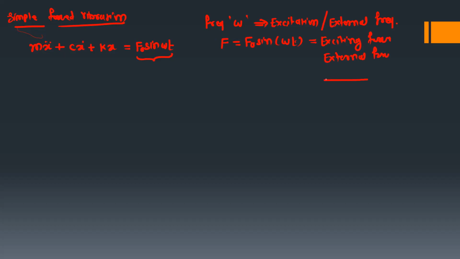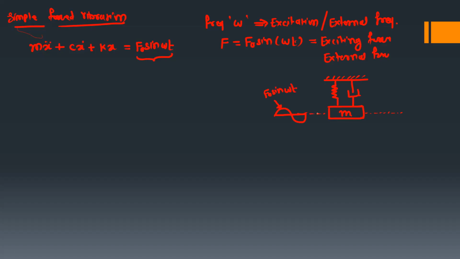So if this is a spring mass and damper system, this is a schematic diagram. If you want this mass to oscillate continuously, then we have to provide some harmonic force. So this is the waveform of that force, which is nothing but F0 sine omega t.